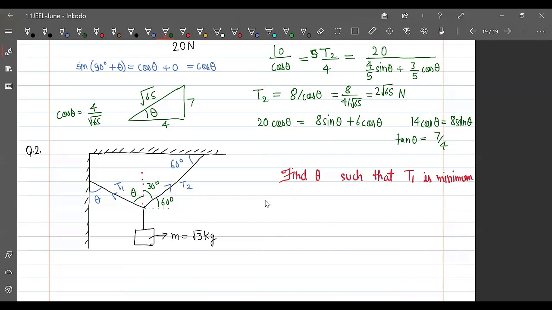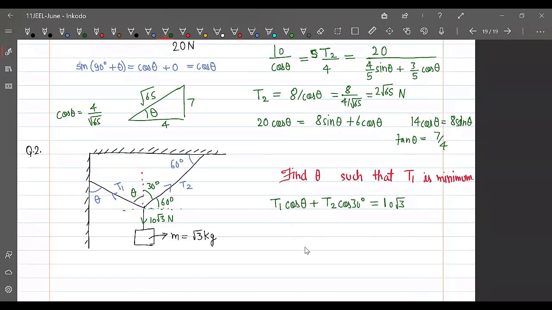So to balance out the vertical and horizontal components, the vertical component here it will be T1 cos theta, and here it will be T2 cos 30. That will be equal to force in the downward direction, that will be 10 root 3 Newton. And in the horizontal direction, if we take the component, so T2 cos 60 degree, that will come out to be T1 sine theta.